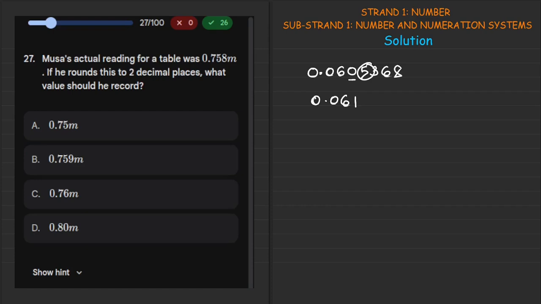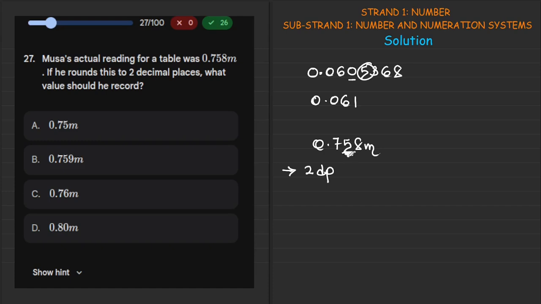Question number 27. Musa's actual reading for a table was 0.758 meters. Now, if he rounds this to 2 decimal places, what value should he record? If you're rounding this to 2 decimal places, this is our first decimal place and then our second decimal place.